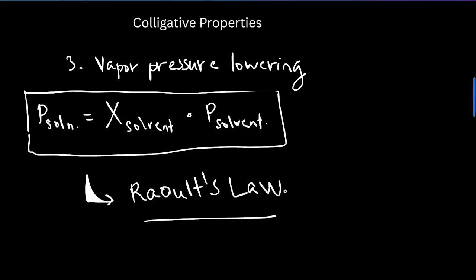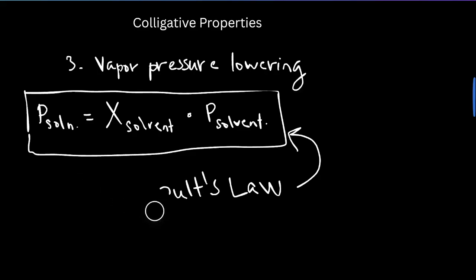And so when we hear Raoult's law, we're really referring to this formula here, or we're going to be using this formula for the most part for Raoult's law problems, where we'll be trying to find our vapor pressure, or in other cases, we may be given the vapor pressure and we need to find the mole fraction. Or we're given the mole fraction and the vapor pressure, and we need to find the pressure that the solvent normally exerts. But in any case, this is Raoult's law, and this is the formula for vapor pressure lowering, that is a colligative property.